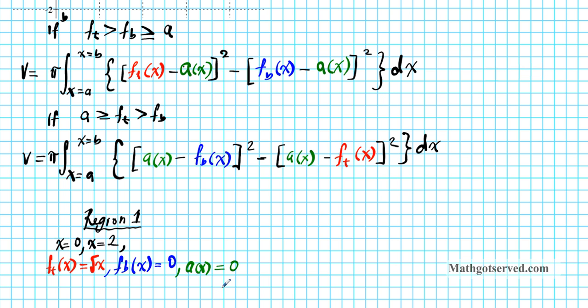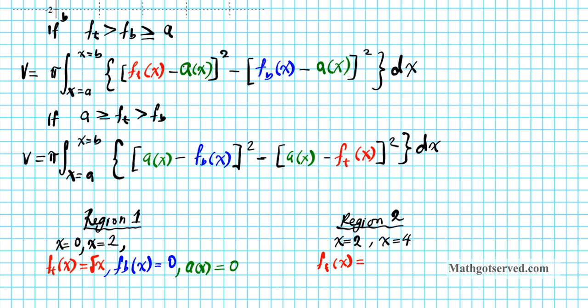Is that all we need? Let's see. Yeah, that's all we need for region 1. So we're going to apply this to the formula for region 1, and then we're going to apply the formula again to the components for region 2. So for region 2, the limits of integration go from x equals 2 all the way to x equals 4. The function on the top stays the same.